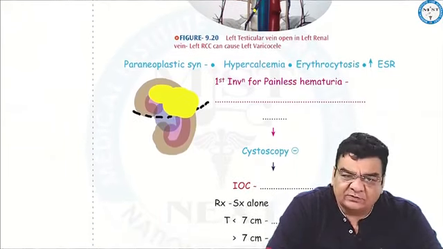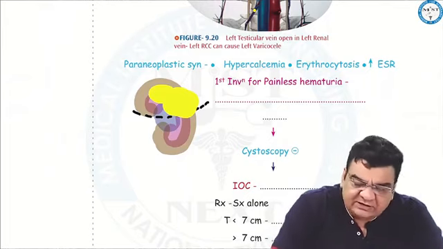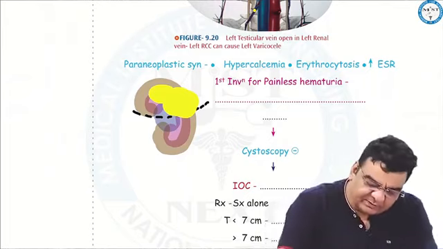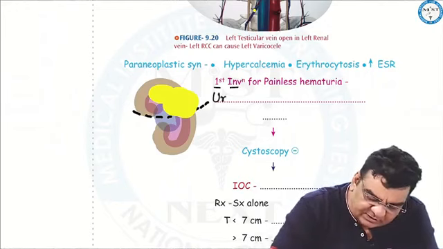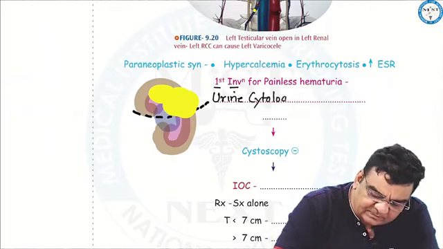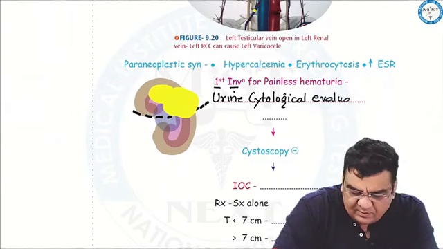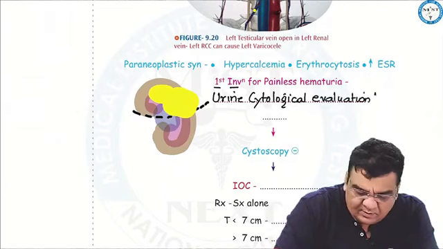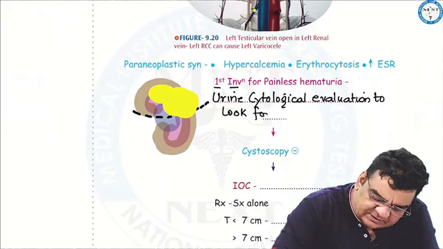Since the commonest presentation is painless hematuria, imagine a 60-70-year-old gentleman presenting with painless hematuria. The first investigation is urine examination, urine cytological evaluation, to look for cancer cells.